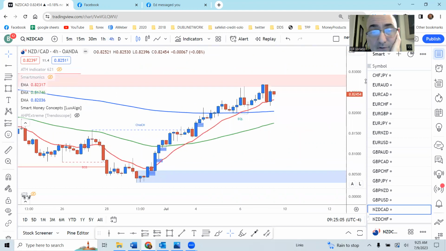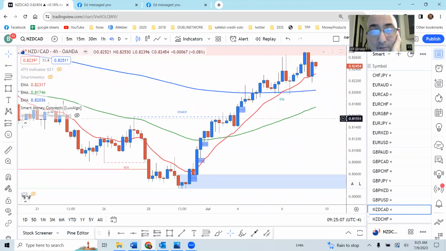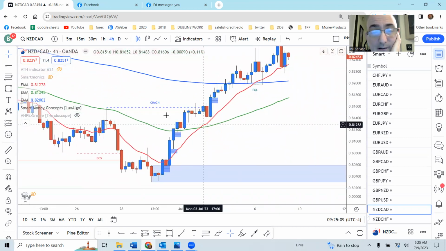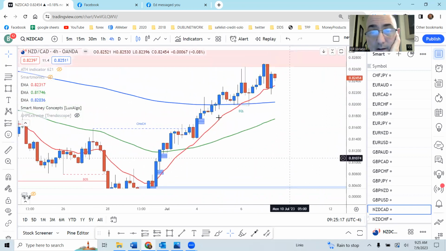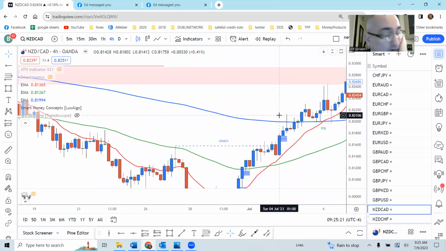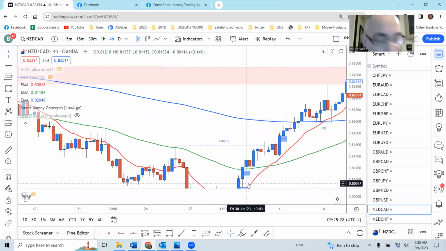The 4 hours is telling us a little bit of a different story, right? We have a choke plus, we have a 2x2 on the way up here. Well, there's not really a big pullback though. And of course, this could just be the zone that it's trying to identify. Just hold on for a second here.